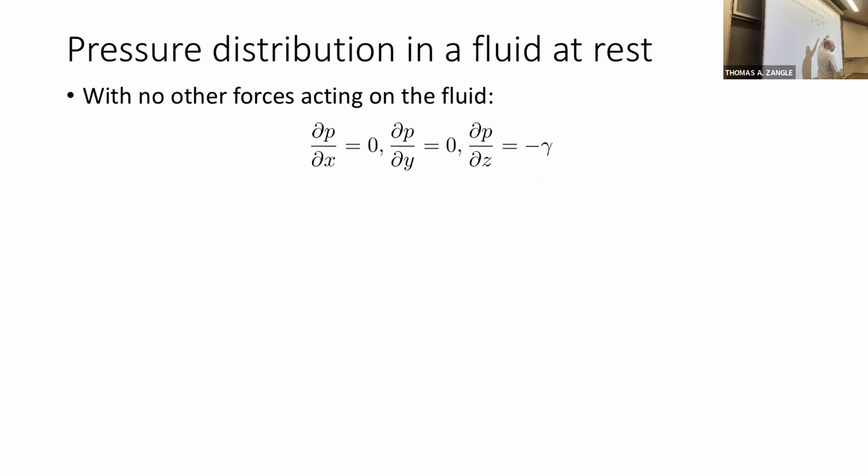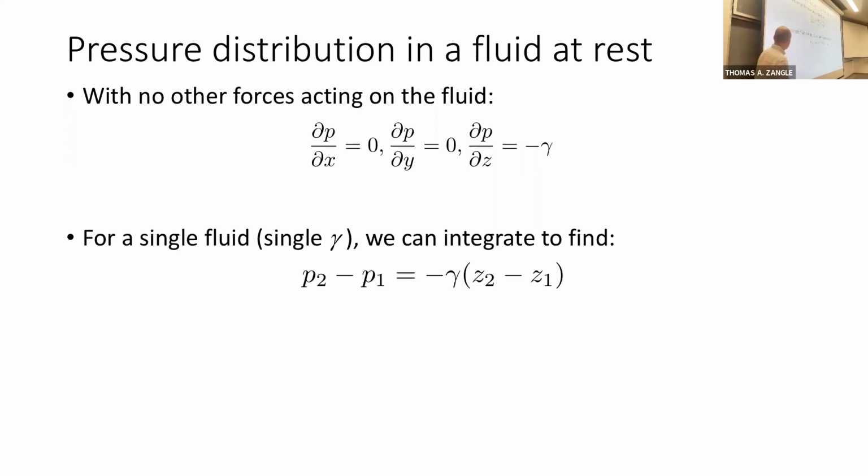Right, so we now have a separable differential equation, something you'll see in calculus if you haven't already. We can integrate this expression and then use that to find the pressure within a fluid as a function of elevation.